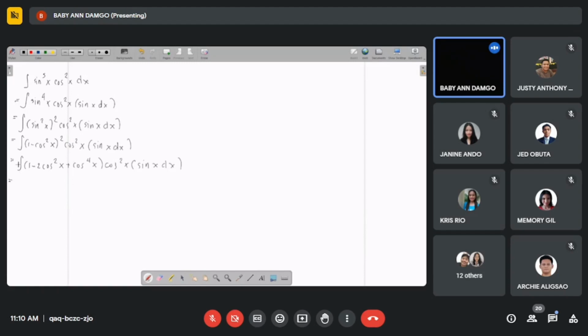So we apply here, so we have cosine squared x sine x dx, so minus 2 integration of cosine to the fourth x sine x dx plus integration of cosine to the 6x sine x dx.